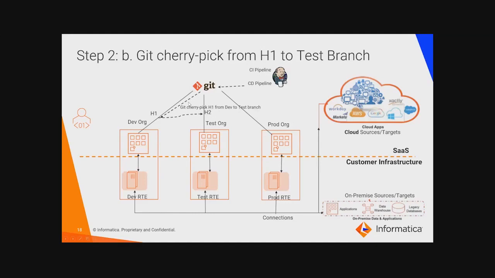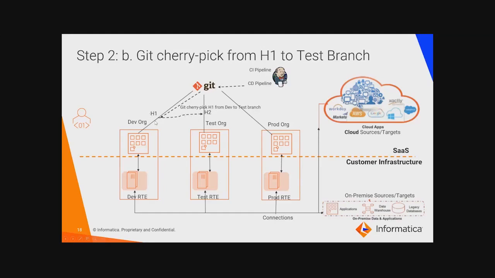Git cherry-pick comes from the git merge family. It's not exactly git merge, but it is more like migrating only a particular commit from one branch to another branch. So with git cherry-pick, we are taking this particular H1 commit and moving it to the test org. Again, as I said, git cherry-pick is from the git merge family.